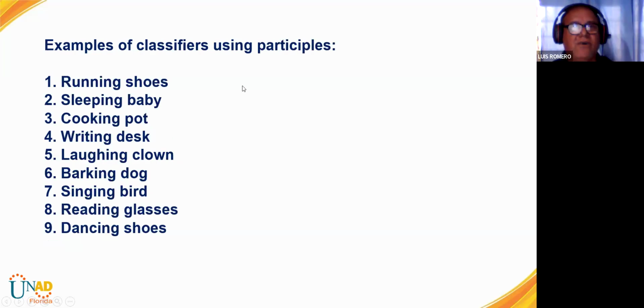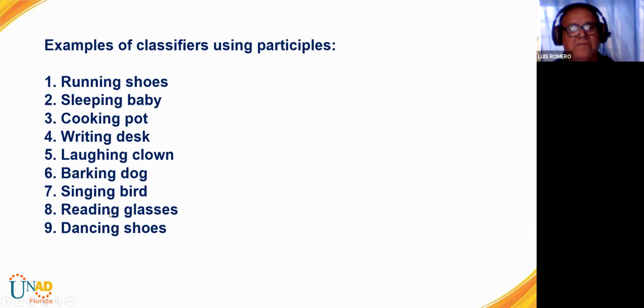And there are also participles that describe a noun. There are words that end in ing, and here I'm talking about present participles. So words that end in ing can also work as classifiers, but in this case, they are present participles.